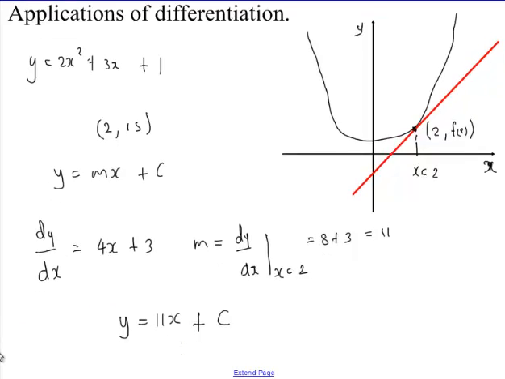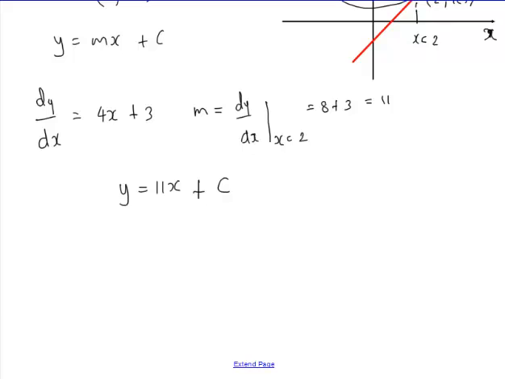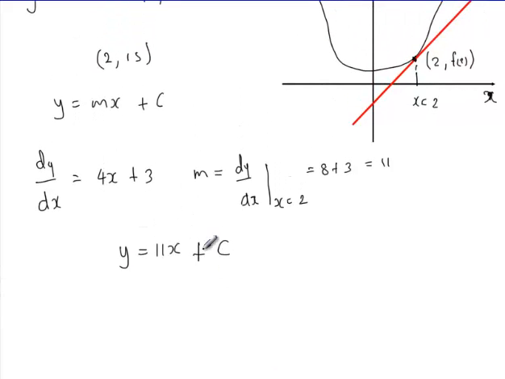Then to get c, what do we need to do? We know that this line and the curve pass through that point. Then we can substitute that point in here and we expect it to satisfy this equation. So what do we do? We substitute y for 15 equals 11 multiplied by 2 plus c.